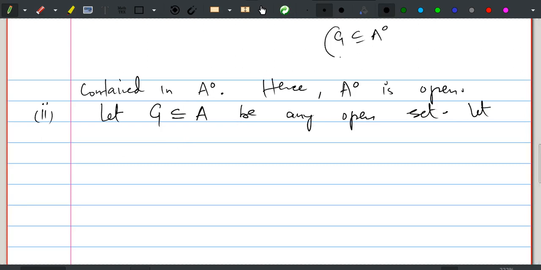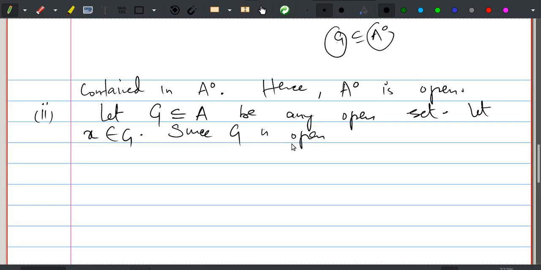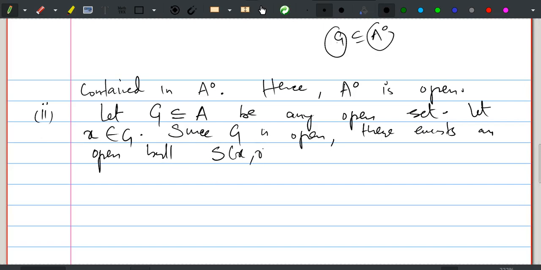We prove that every point in G is contained in A interior. So let us choose an arbitrary point, let x belong to G. Now since G is open, there exists an open ball centered at x with some radius r positive, which is contained in G.